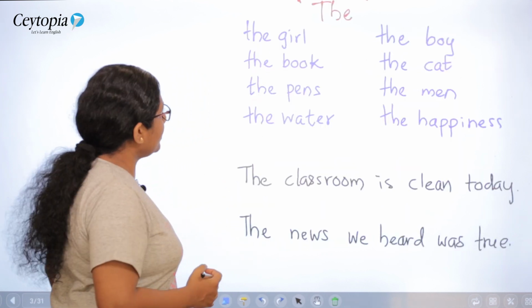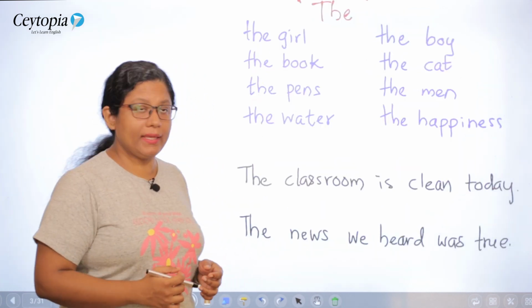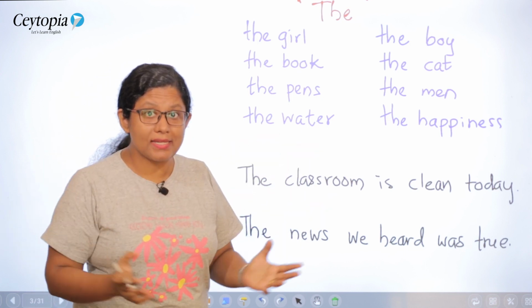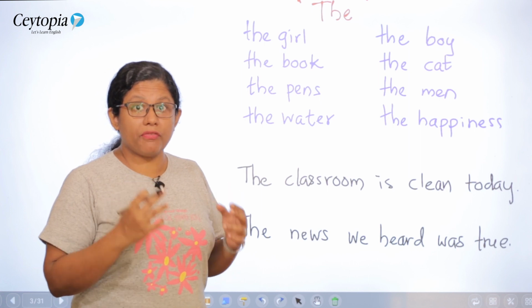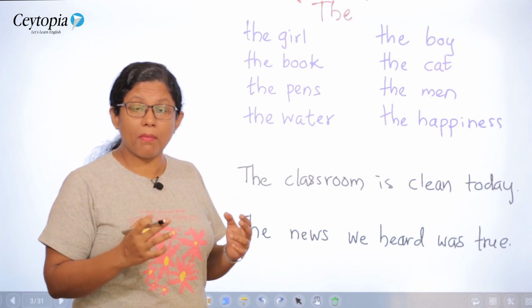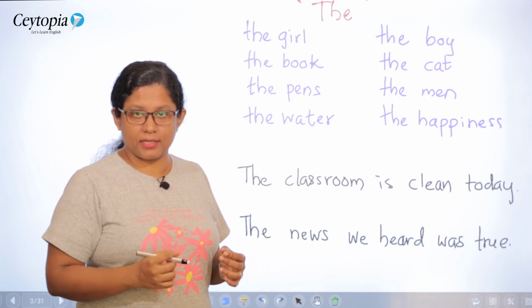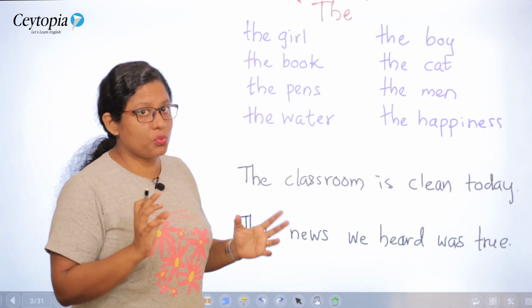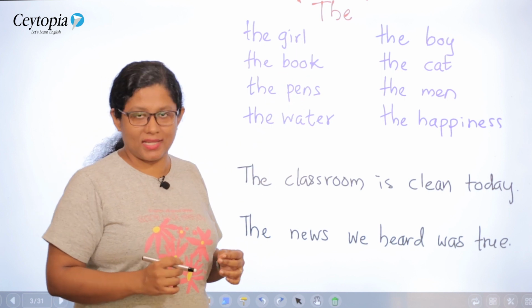The definite article is very important. Why? It can influence the overall idea of your sentence. The definite article talks about specific things. What are the rules associated with using the in your sentence?